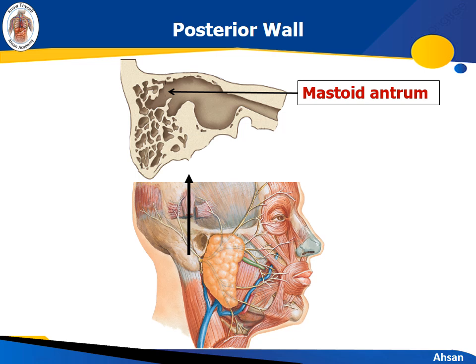This is known as the mastoid antrum, and this mastoid antrum is connected to numerous small rooms which are the air cells present in the mastoid part of the temporal bone. So this is connected through the aditus.